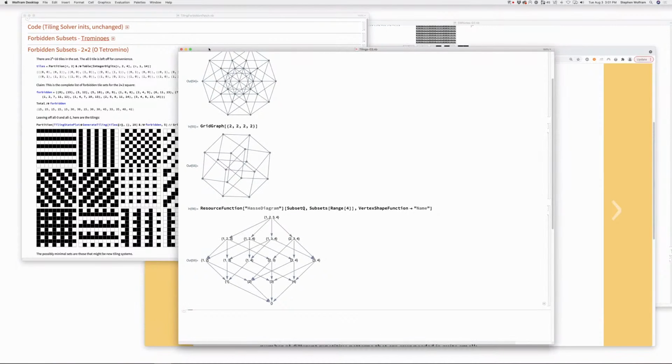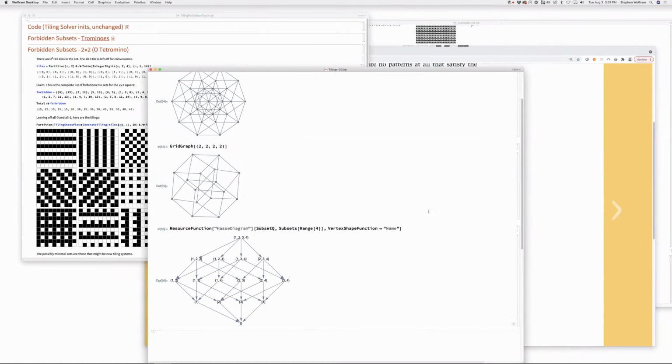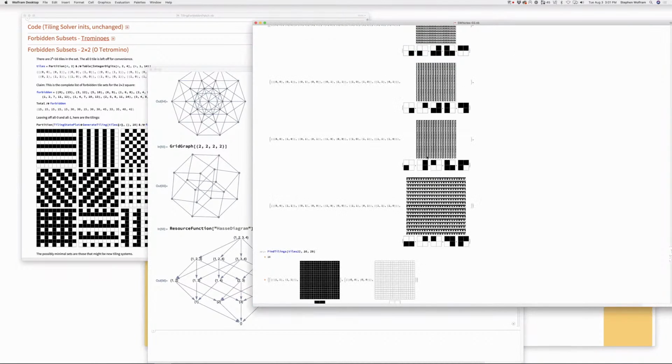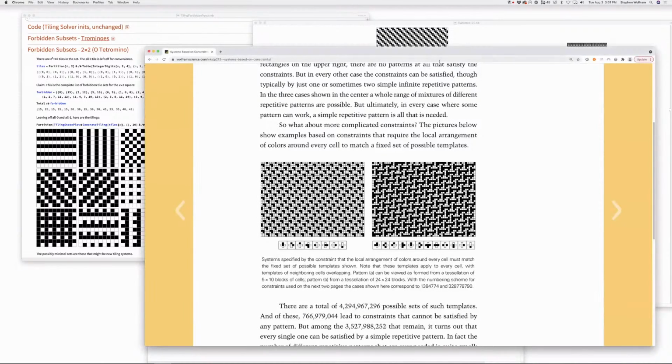All right. So the big thing that has arisen since the time of the NKS book: at the time of the NKS book, the way that I computed these tilings, we had this program that would basically go out in a spiral, try a tiling, and backtrack if that tiling didn't work.